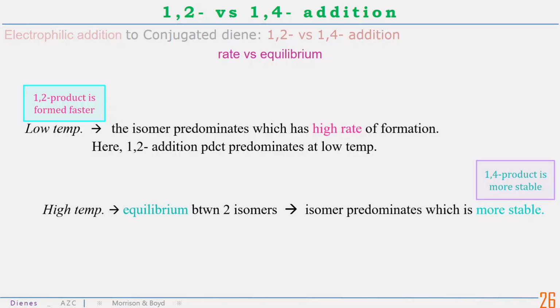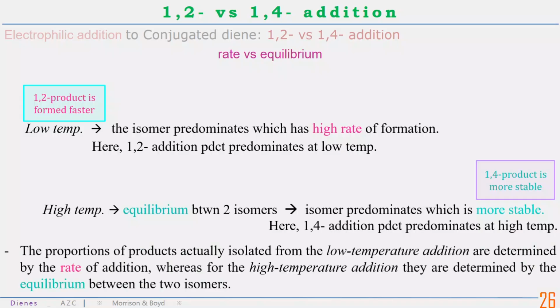Here, the 1,4 addition product predominates at high temperature, so the 1,4 product is more stable. The proportions of products isolated from the low temperature addition are determined by the rate of addition, whereas for the high temperature addition, they are determined by the equilibrium between the two isomers.